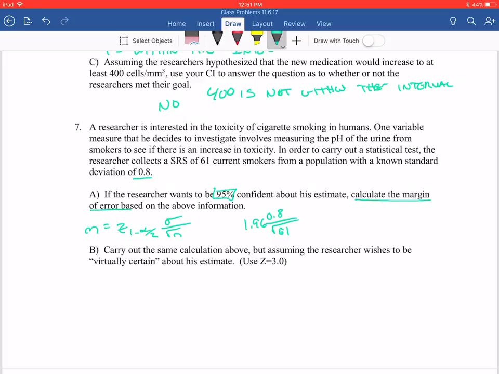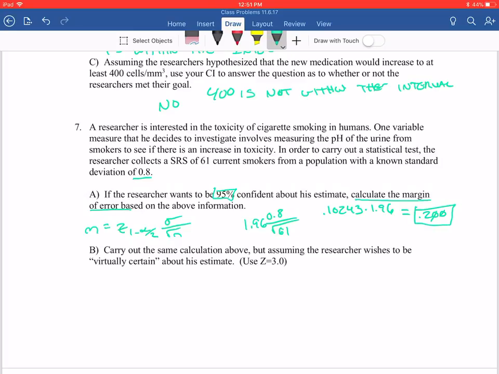When we do our standard error, you're going to get a standard error of 0.10243. You're going to multiply that times 1.96. Multiply that out, you're going to get an answer of 0.200, or you can just say 0.2, and that is the margin of error.